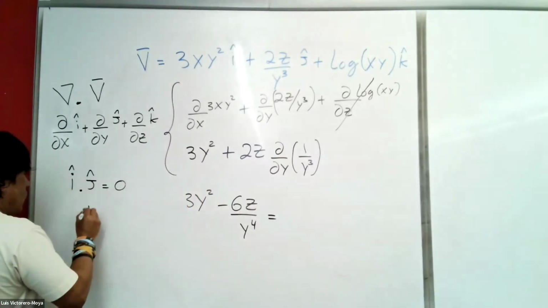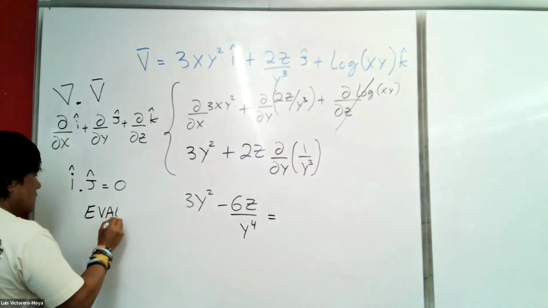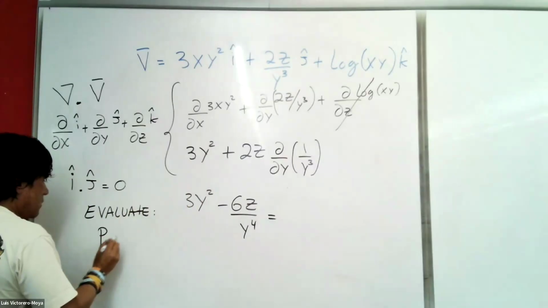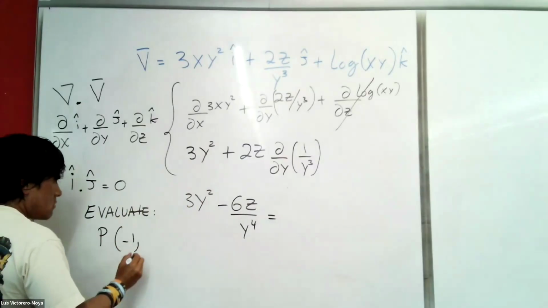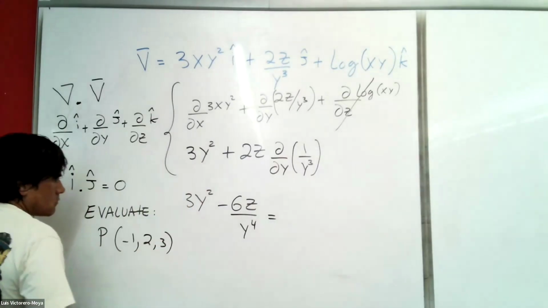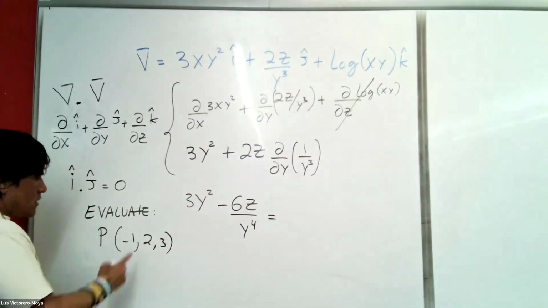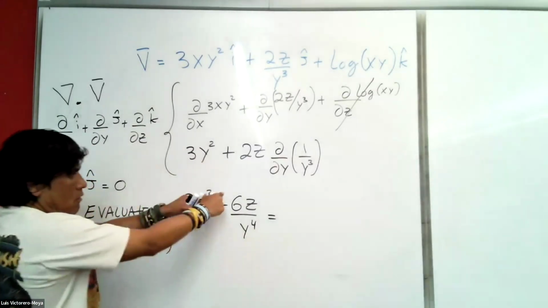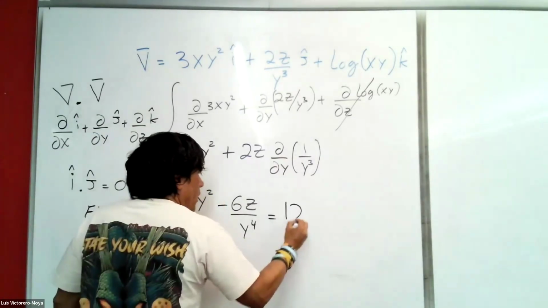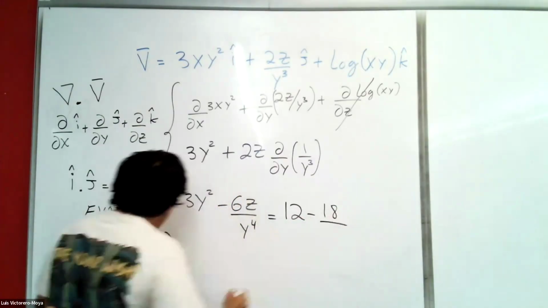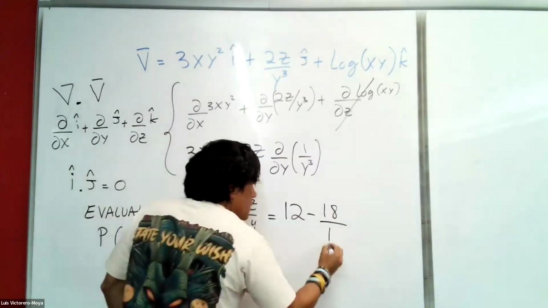Now, if I have to evaluate at a given point, let's say point -1, 2, 3. So there's no x, it went away. 2 squared, 4 times 3, 12 minus 6 times 3, 18 divided by 2 to the 4, 16.